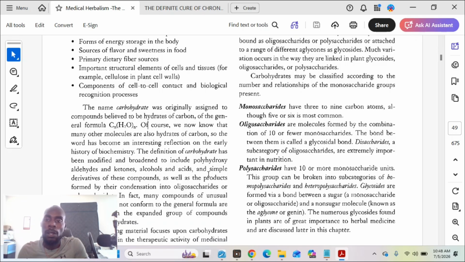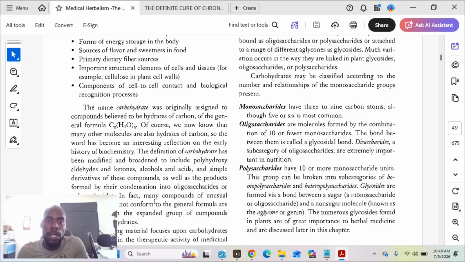All of these are different classifications of sugars. These are more complex. These would be more so on the oligo and polysaccharide side of sugars, which is extremely hard for the body to break down. And simple derivatives of these compounds, as well as the products formed by their condensation into oligo or polysaccharides.